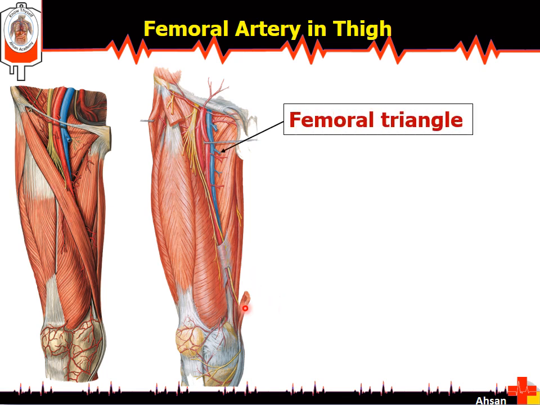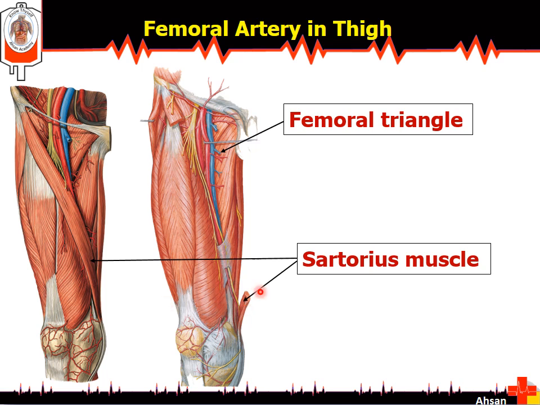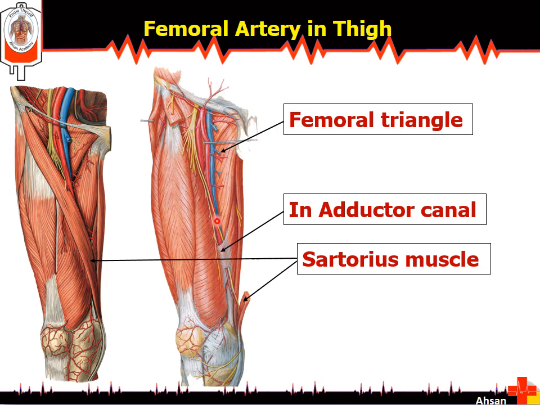Sartorius is taken off, and so we can say that the first part of the femoral artery lies on the floor of the femoral triangle. Then it enters into the adductor canal, passes throughout the length of the adductor canal, enters an opening in the adductor magnus, and ends here by continuing as the popliteal artery.